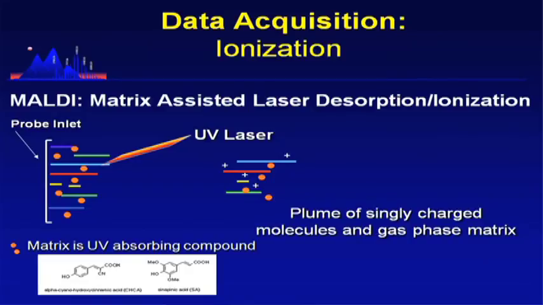Then you get a proton transfer in the gas phase from the excited matrix ions to your sample molecules. So what you end up with are gas phase, singly charged sample molecules, as well as matrix molecules, and these will all go into the mass spec at one time.